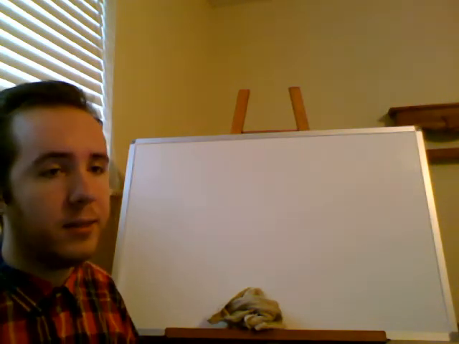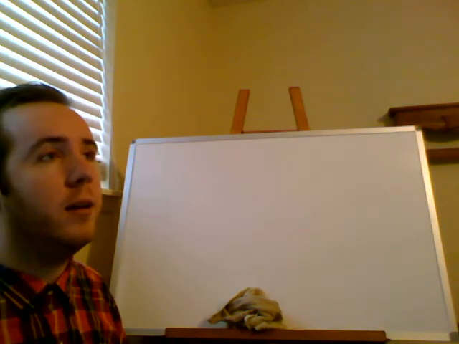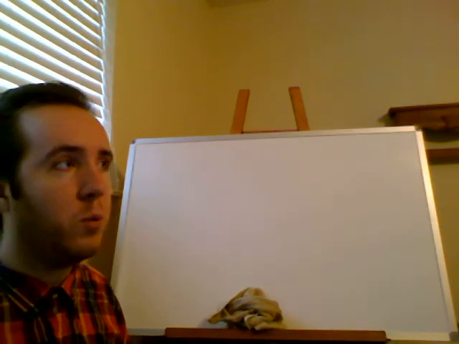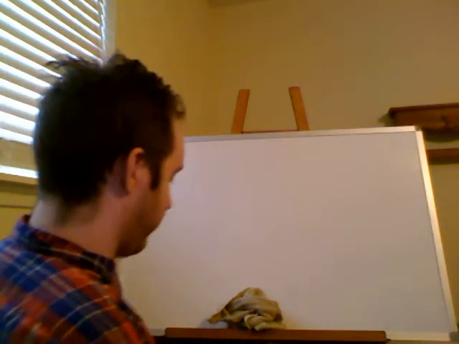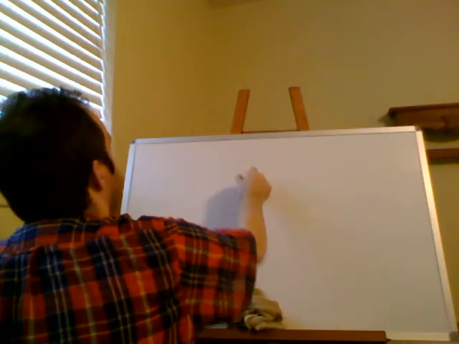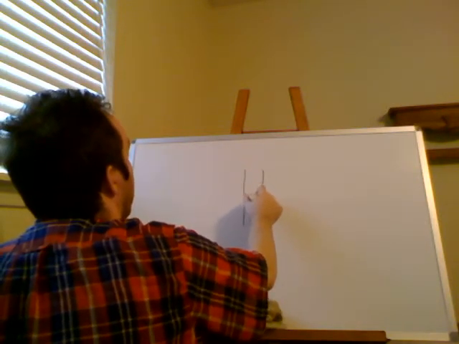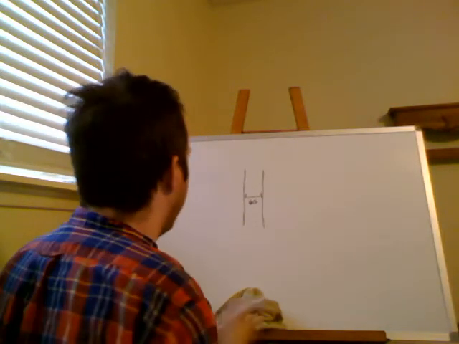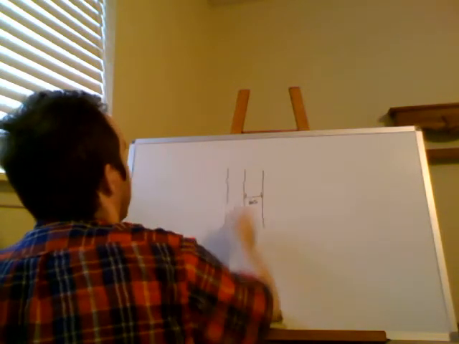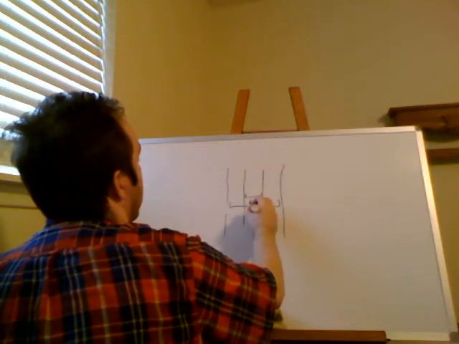Because to talk about how long it takes to grow that much, we need to talk about how much we're growing, right? So we started off at 60, and then we wind up at 100.